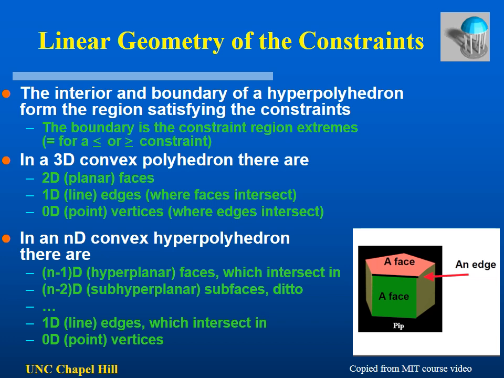The boundary itself are places where you switch from the constraints being followed to the constraints not being followed. And assuming that our constraints are all of the less than or equal or greater than or equal form, these faces are places where the equality holds.